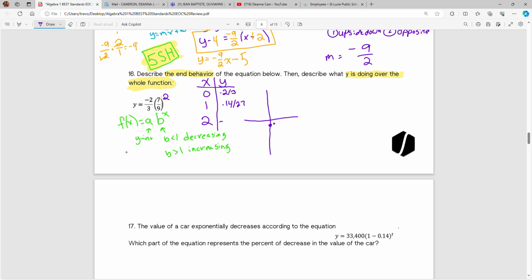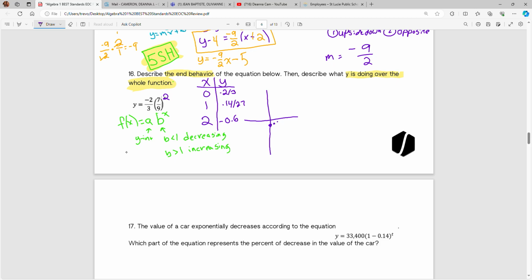negative 0.6. And we're coming up like this. And you can just look and see that our function is end behavior, right?